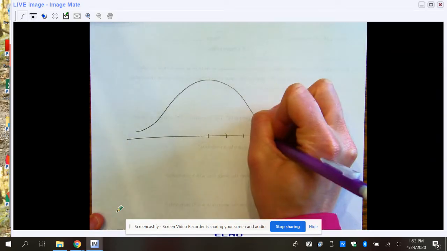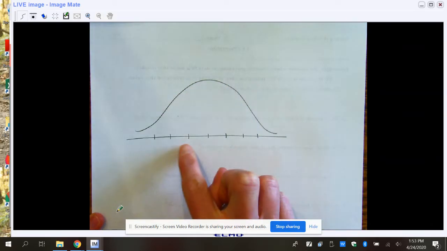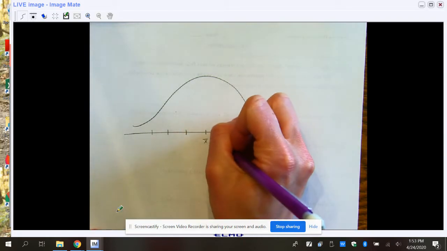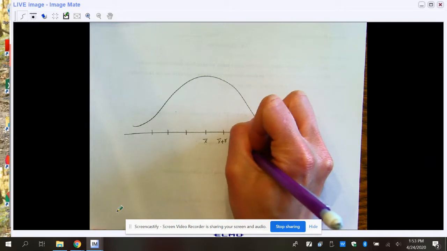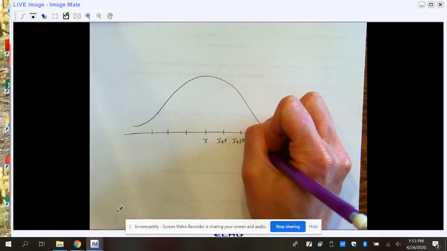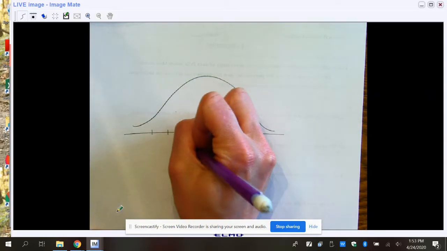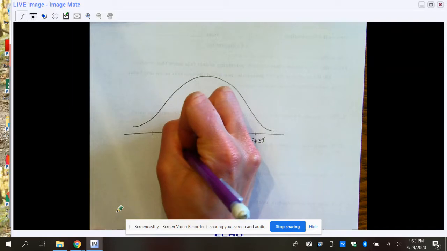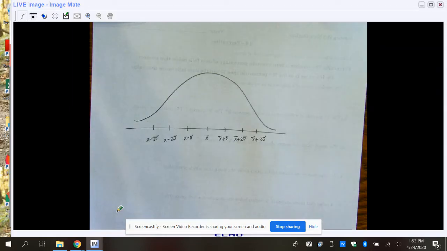But then if you go 3 standard deviations above and 3 standard deviations below, there's our mean, plus 1 standard deviation, 2 standard deviations, and 3, and then we'll subtract going this way, minus 2 and minus 3 standard deviations.